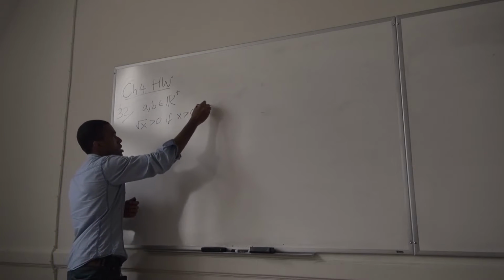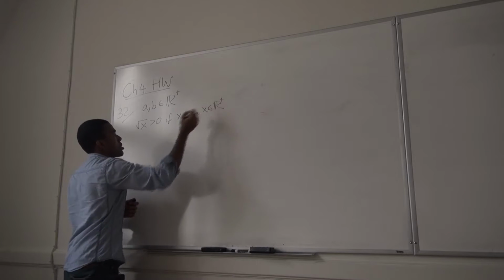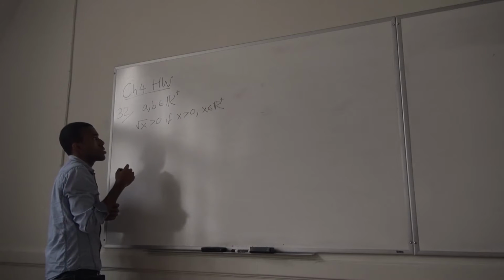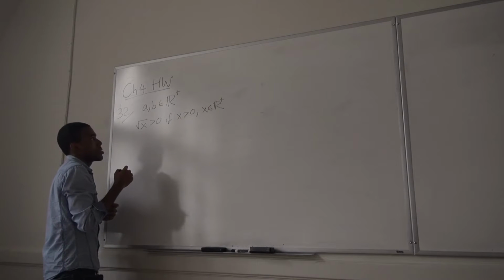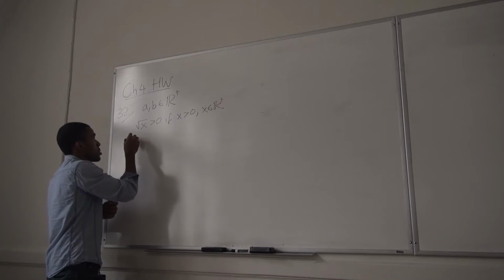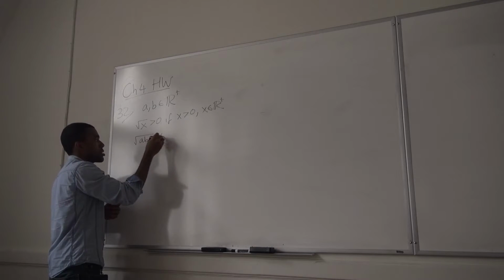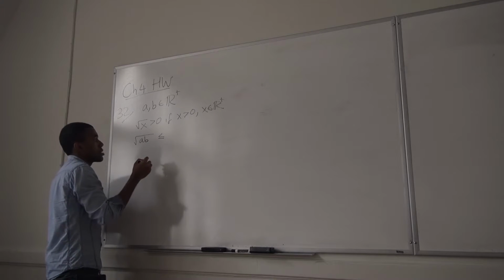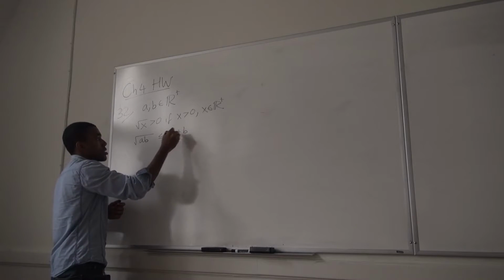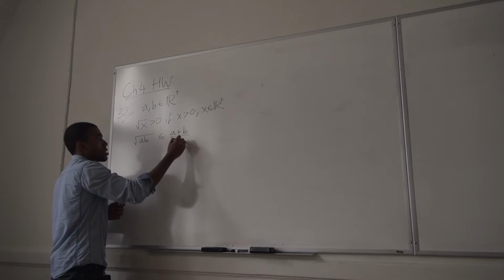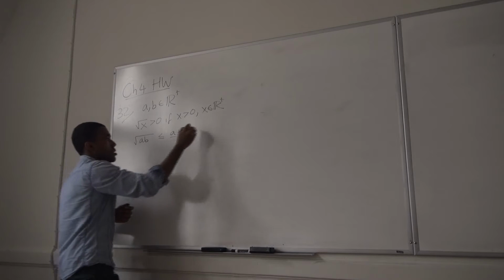Then the square root of ab is less than or equal to a plus b over 2, and also both of them are greater than 0.